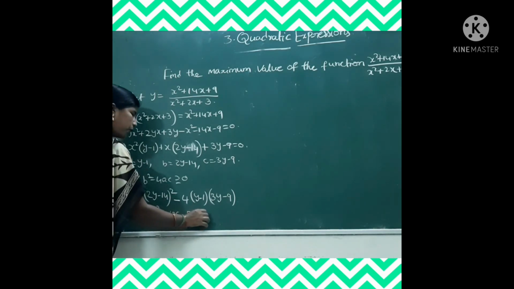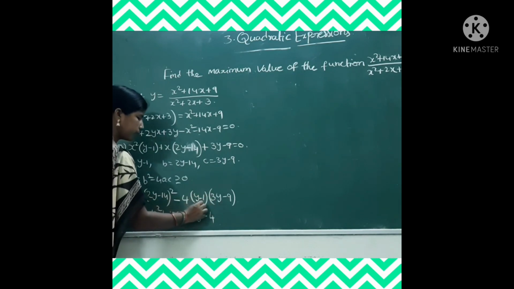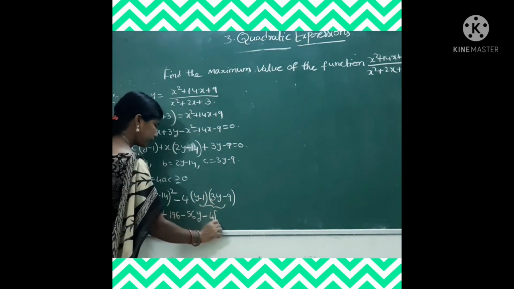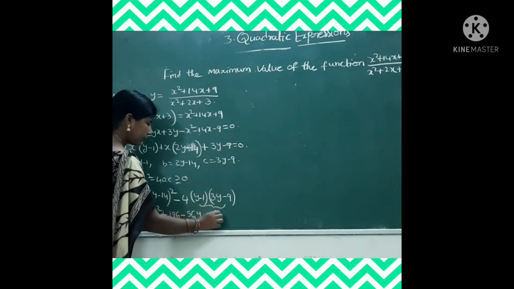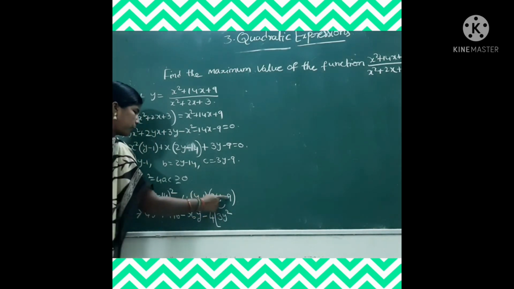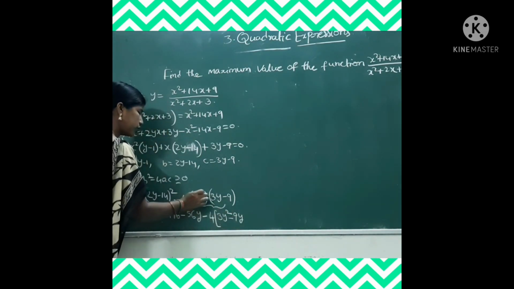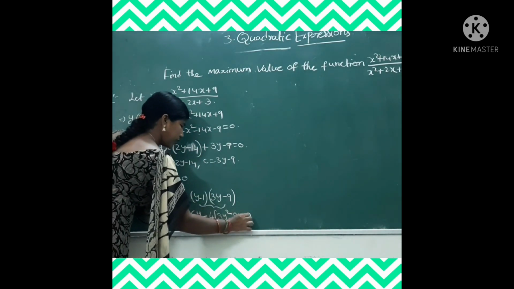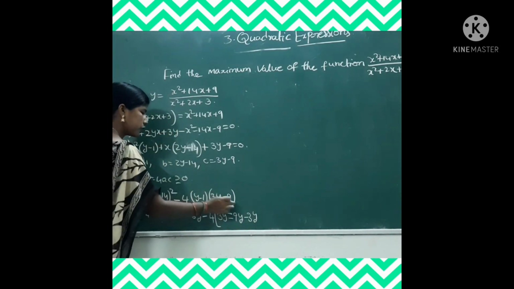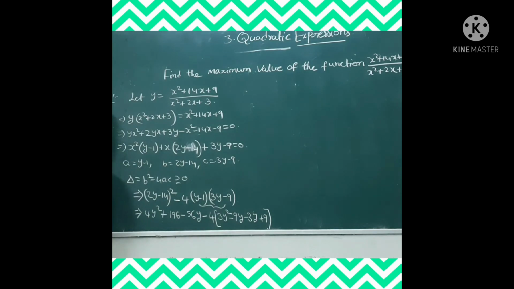Okay, minus 4 into first, both are multiplied: y into 3y is 3y square, and y into minus 9 is minus 9y, and minus 1 into 3y is minus 3y, and minus into minus plus 9. Okay, understand?